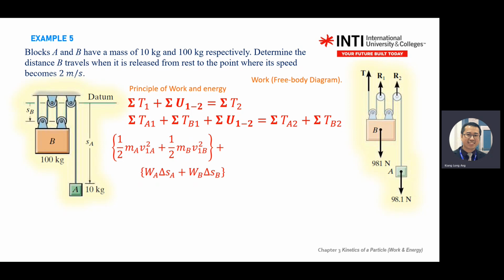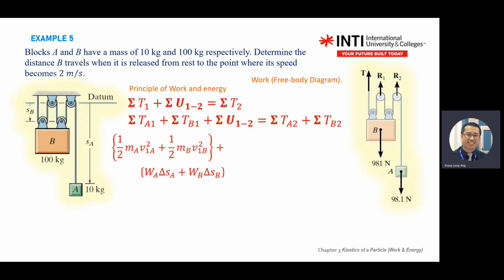B, what is the work done? Remember, refer to the datum every time you have a pulley system. B will move down, so B positive. A will move up, so later you will get negative work for A. Because datum positive goes down, but you release B, A will move up.